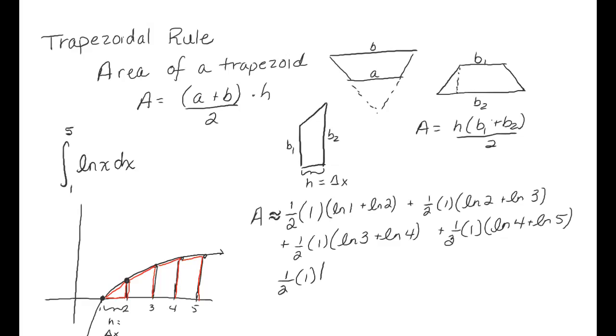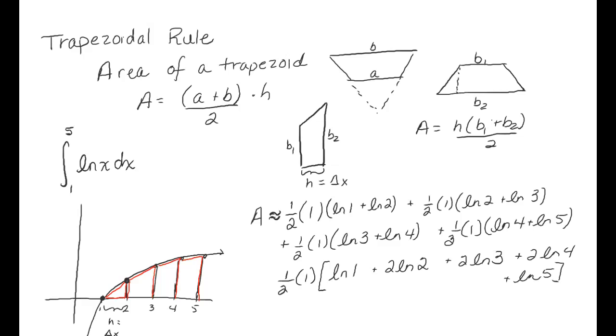And then left, when I factor that out, I see ln1. I see 2 times ln2. I see 2 times ln3, 2 times ln4, and then finally natural log of 5. Oops, and it should be a square bracket, since I used a square bracket on the left.